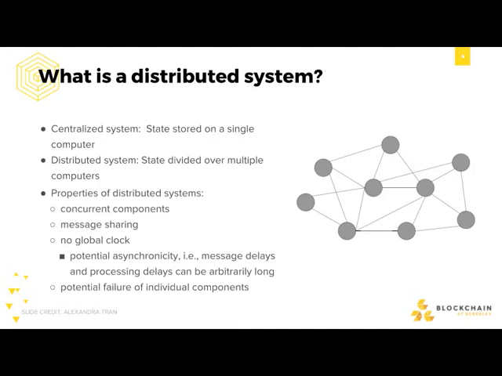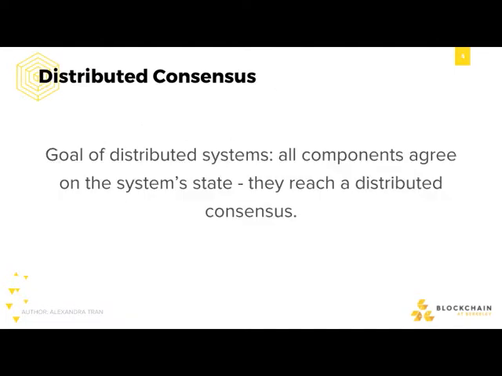And there's also no global clock in a distributed system, and because of that, distributed systems are potentially asynchronous, which means that message delays and processing delays can be arbitrarily long. Another property is that there's potential failure of the individual components. All right, so the goal of a distributed system is to reach distributed consensus, and that means that all components need to agree on the system state.